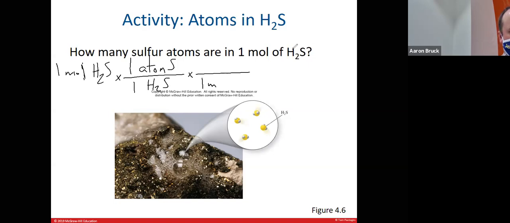And 1 mole of sulfur would contain 6.022 times 10 to the 23rd atoms of sulfur.